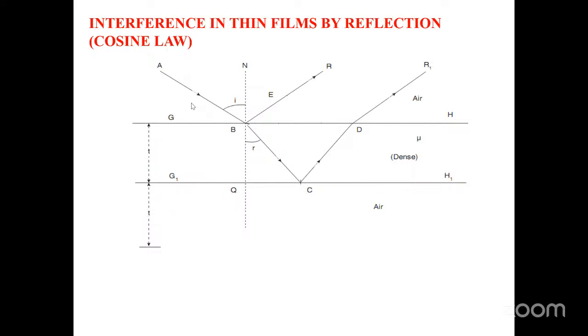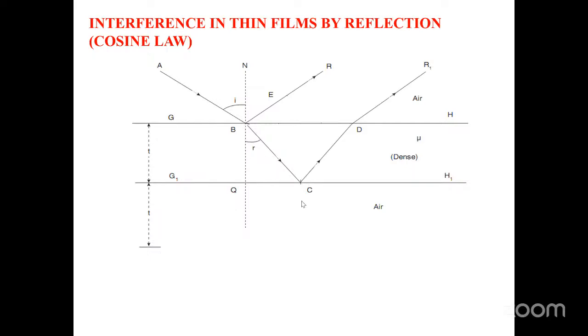Here AB is an incident ray and NQ is a normal. The incident ray makes an angle i with the normal, and BR is the reflected ray. The ray which comes from one medium to another bends and moves away from the normal.